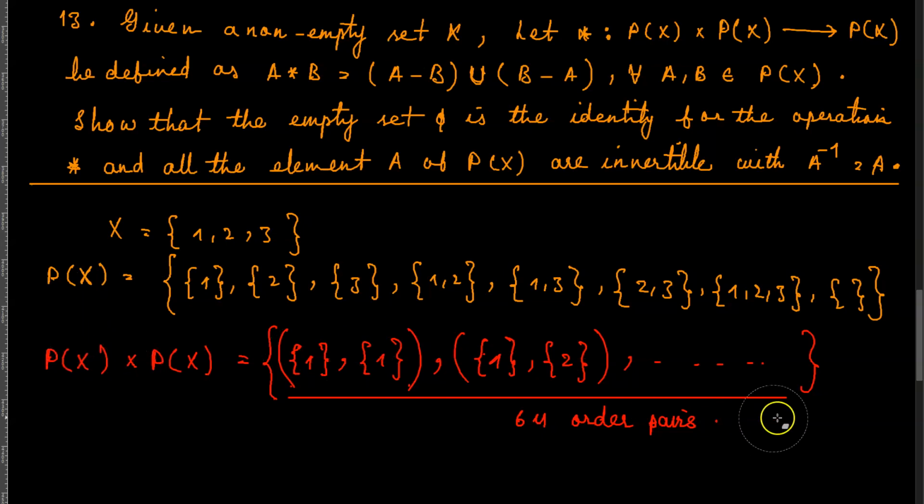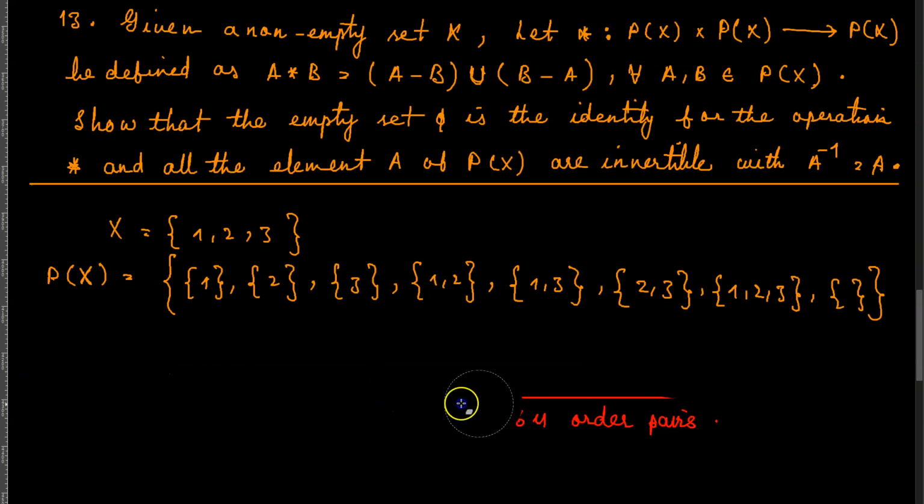Now that we understand what the binary operation actually is, let's go through the example and solve the problem. We want to show that the empty set, phi, is the identity for the operation star.